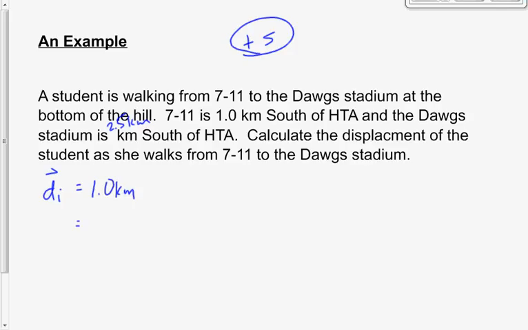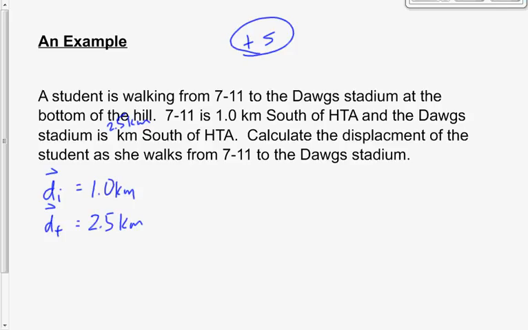2.5 kilometers south of HTA, that's the dog stadium. That's my final position. I went from 7-Eleven to the dog stadium. I didn't walk 2.5 kilometers from 7-Eleven to the dog stadium. That's where the dog stadium is. 2.5 kilometers south of HTA. How do you find the displacement?